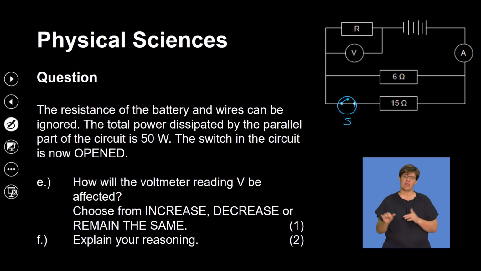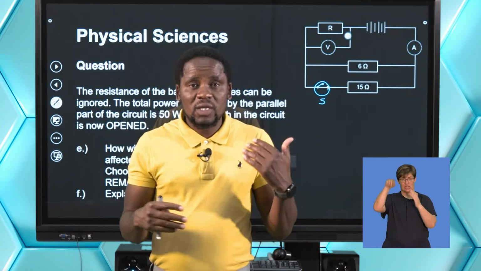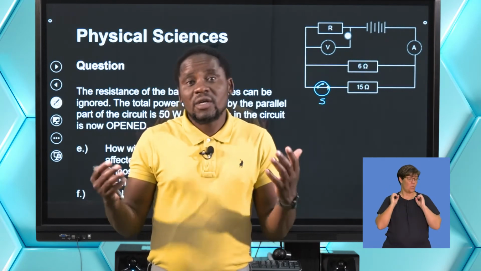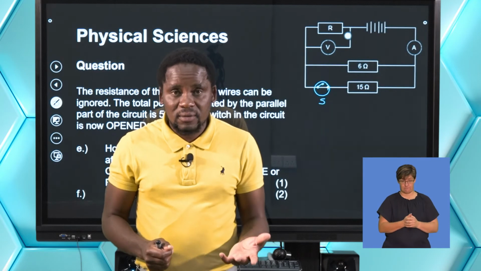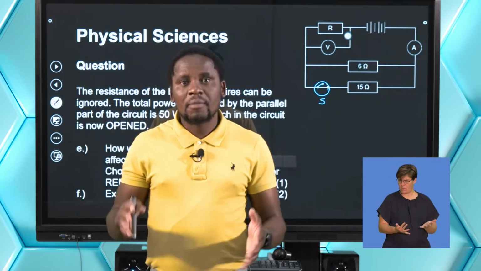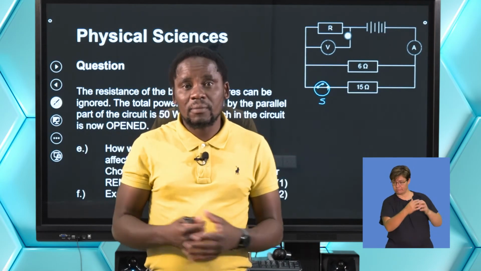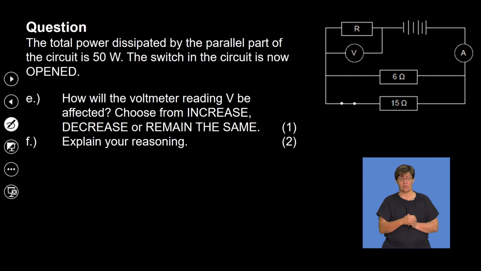Now, let's go back to understanding the parallel circuit. The fewer resistors we have in parallel, the greater the effective resistance in the circuit. And how does that affect the current in terms of Ohm's law? That's the kind of thinking one must apply. If we open switch S, we won't have a parallel combination of resistors.